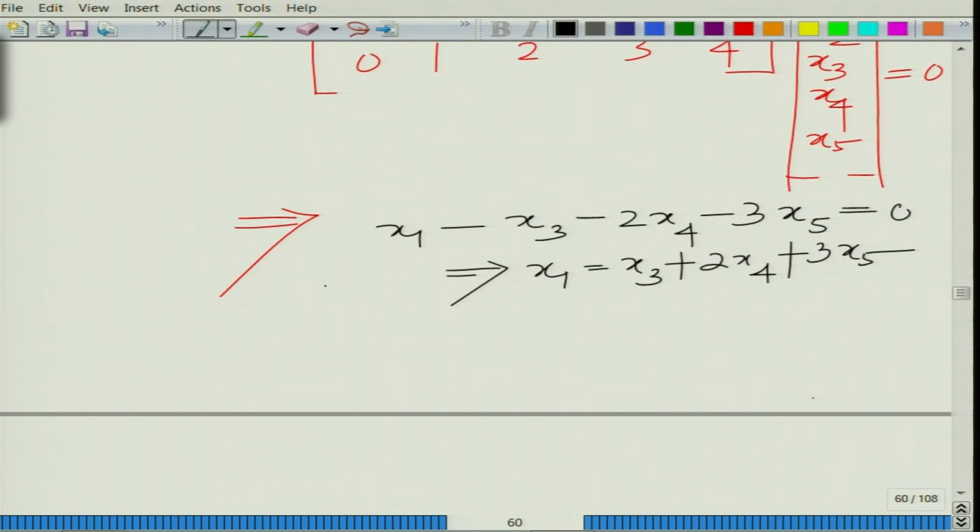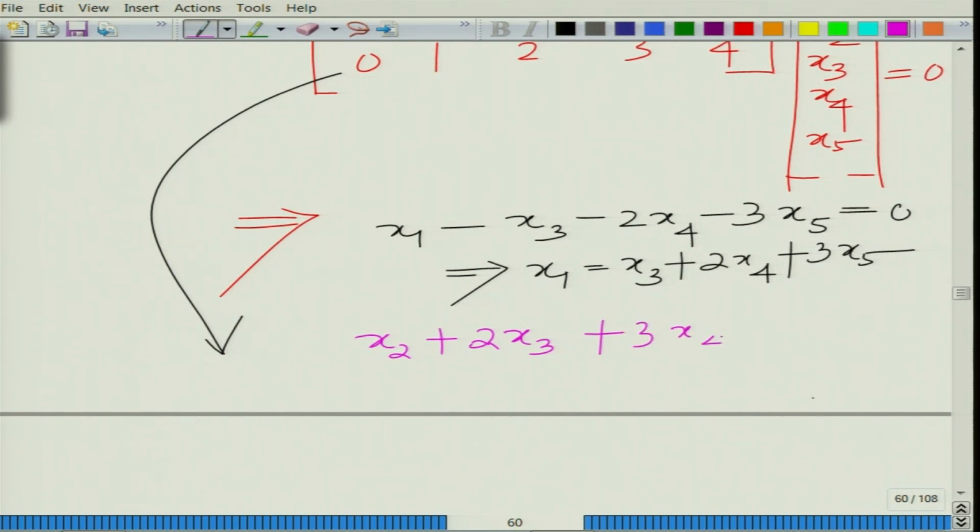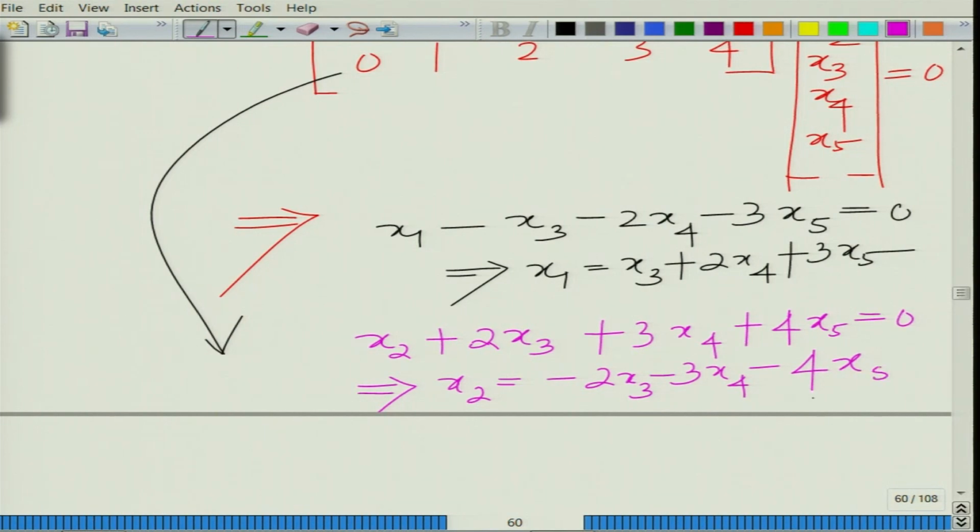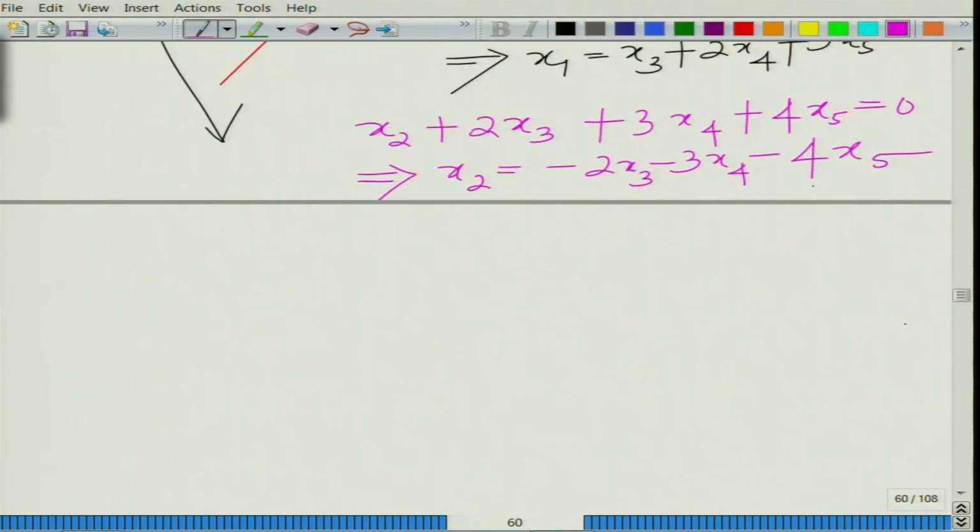From the second row, x2 plus 2 x3 plus 3 x4 plus 4 x5 equals 0, which implies x2 equals minus 2 x3 minus 3 x4 minus 4 x5.